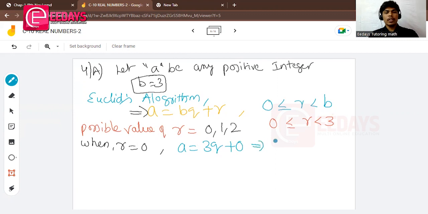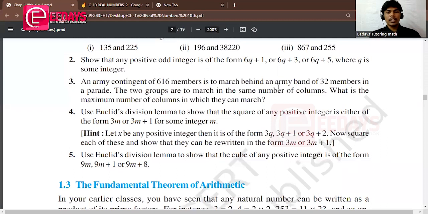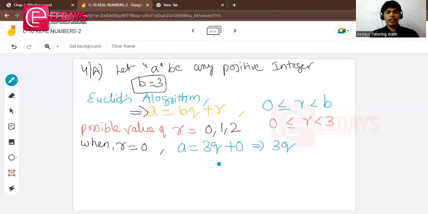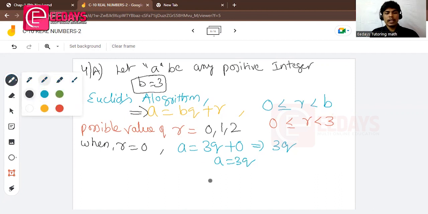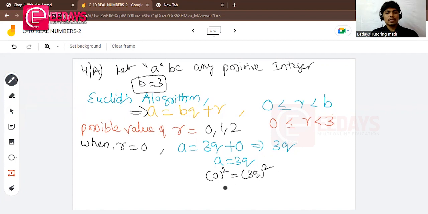So finally, we'll get 3Q. But the question here, guys, observe carefully, is about the square of any number. That is nothing but squaring on both sides. We got finally A is equal to 3Q after solving this. Now you can square both sides. What will you get? A squared is equal to 3Q whole squared. You can write like this.